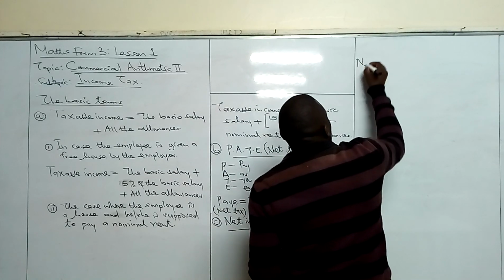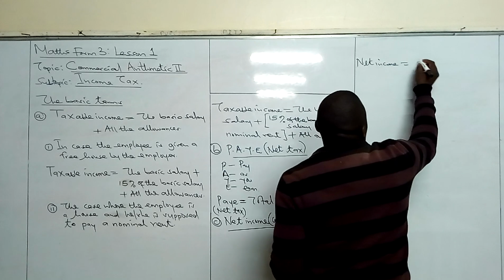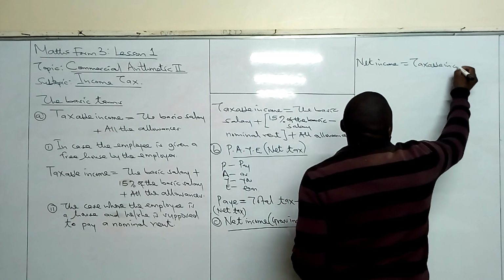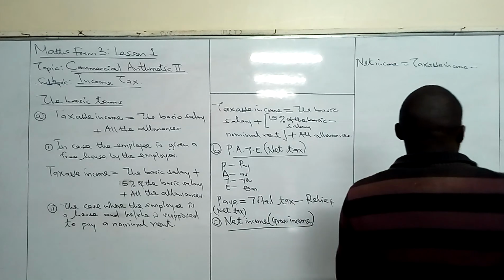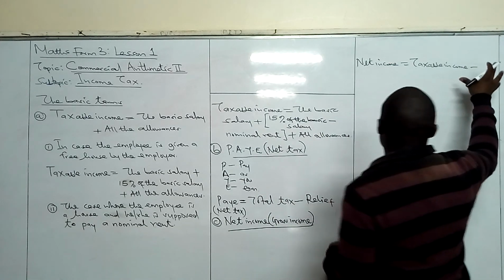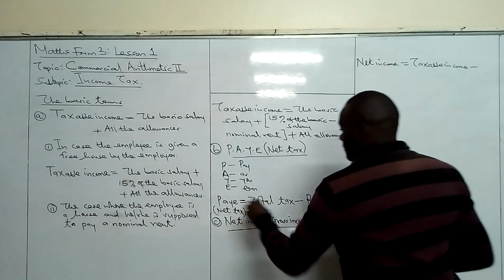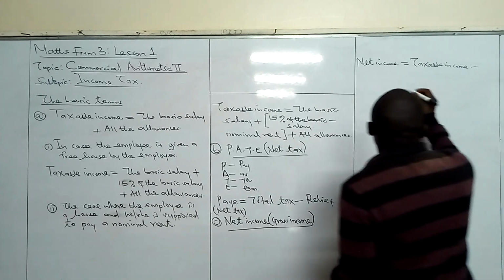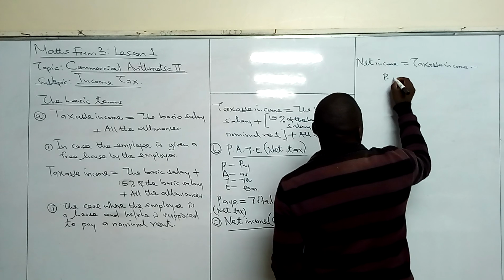So to obtain net income, we will now take the taxable income minus, we will subtract the PAYE, which is our net tax.